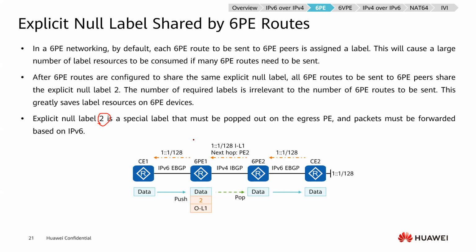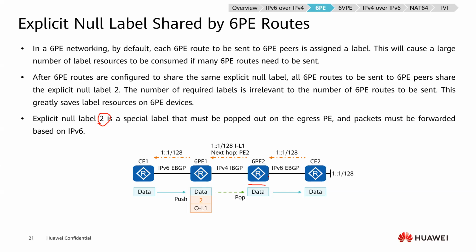So it's a waste of resources. And this inner label just tells the destination PE that you need to search the IPv6 routing table to go through the normal IPv6 transmission. So it's only this function for the inner label.